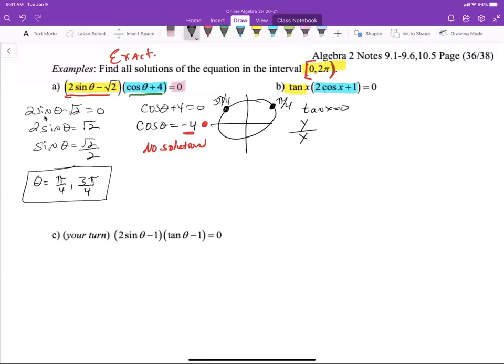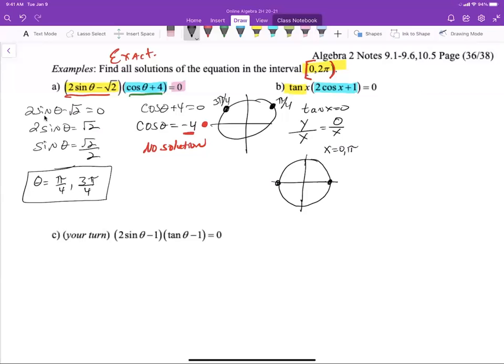So I need to find where my y value is equal to 0, and that gives pi as an answer. So x is equal to 0 and pi.